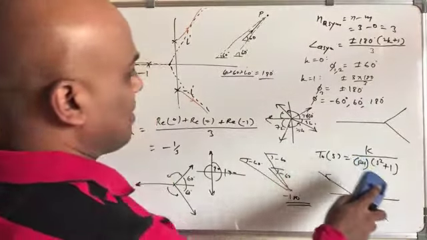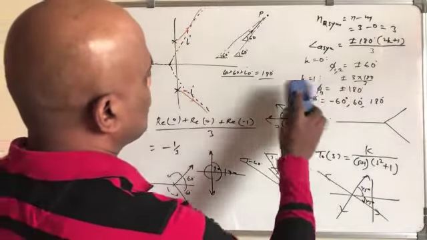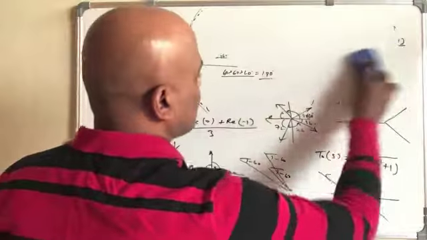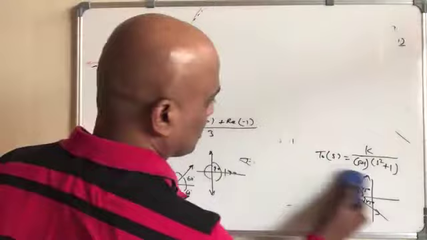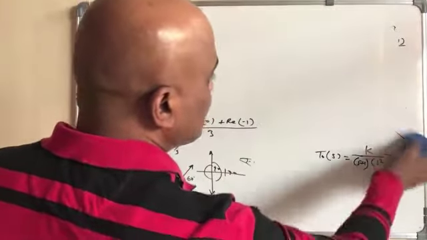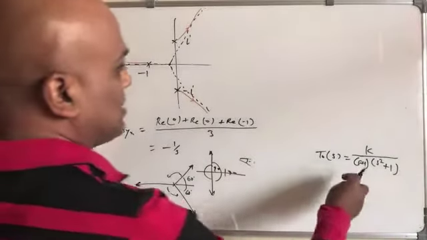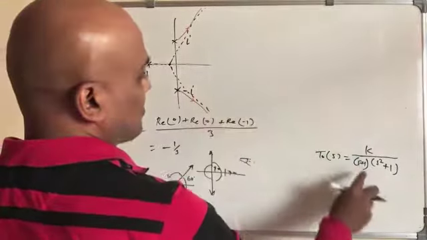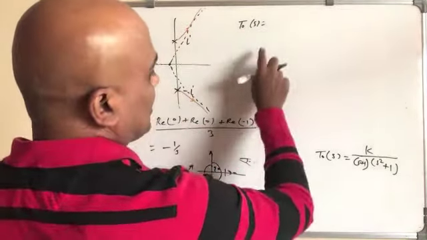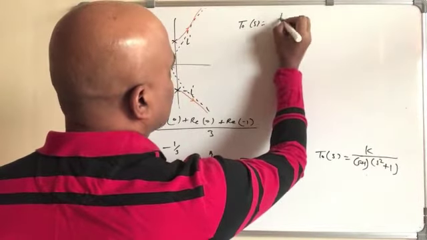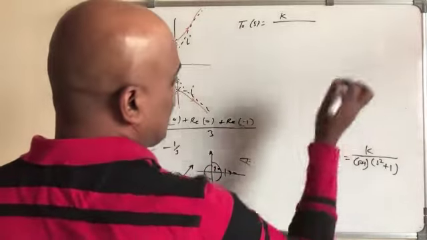Okay, so for this example, this is the open loop transfer function. Let's delete all those. So this open loop transfer function, we can write T naught equal to K over, we can simplify, right?